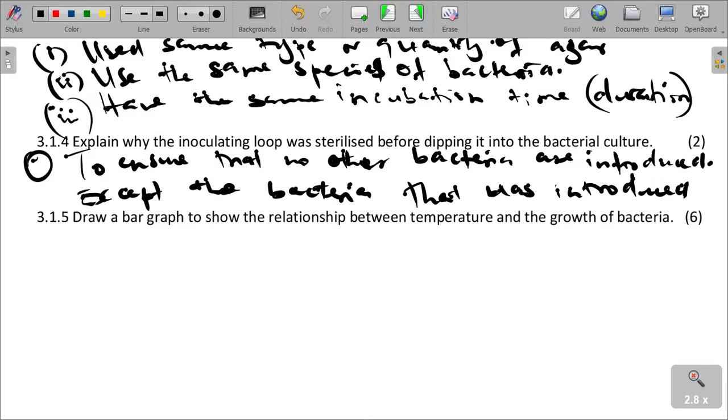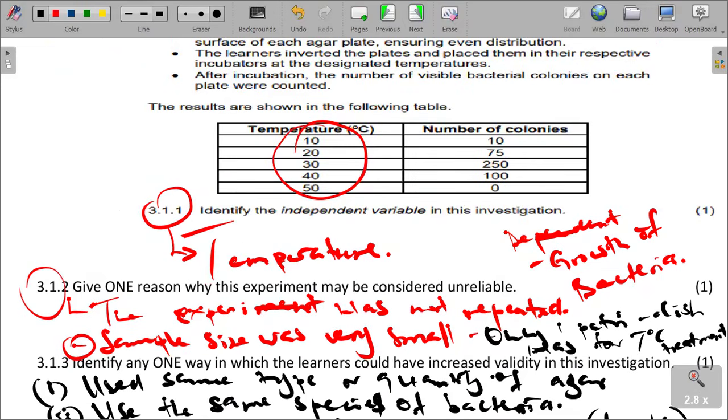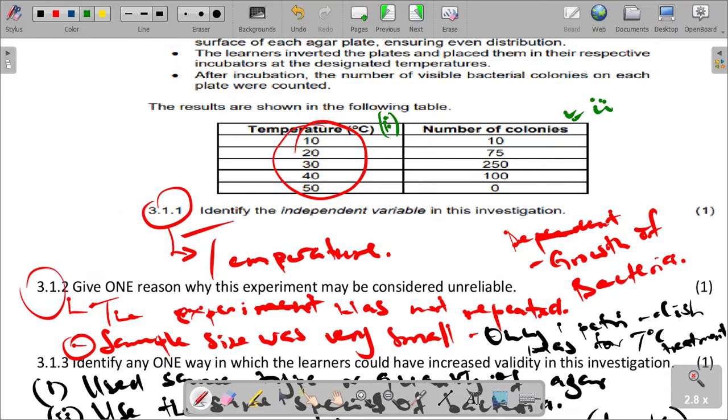So we now need to draw a graph to show the relationship between temperature and growth of bacteria. We are saying temperature and the growth of bacteria is what we are going to work on. We have temperature and then a number of colonies.